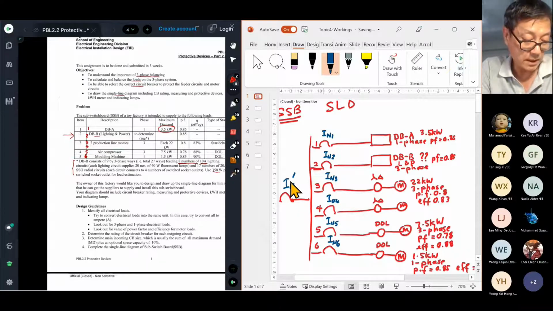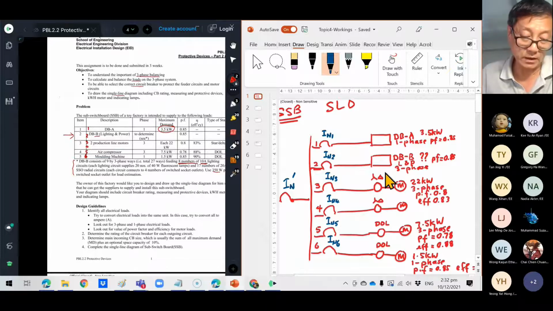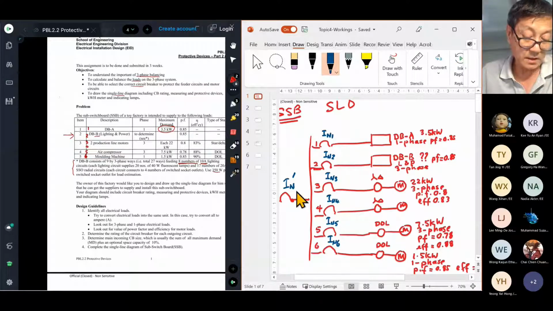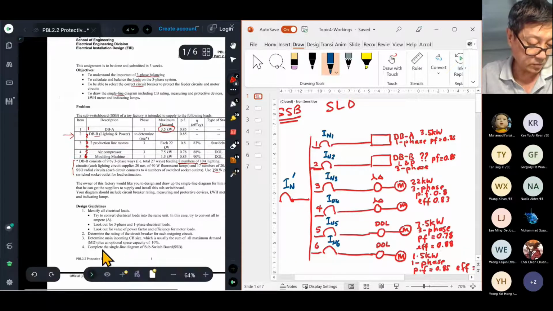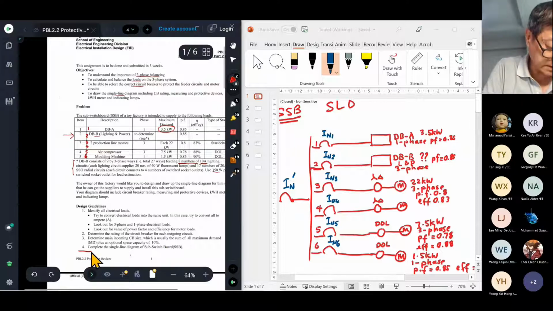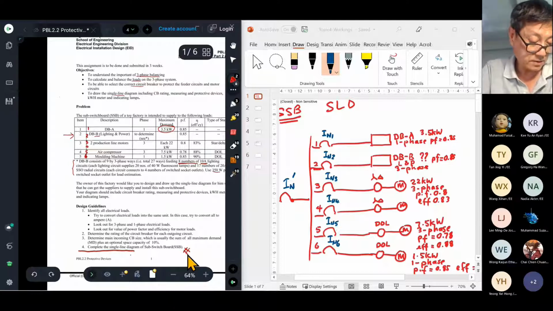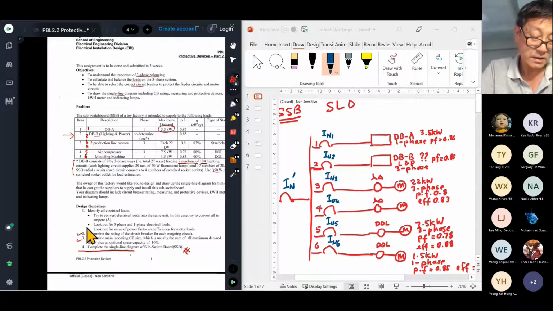That is the whole objective of the calculation part for this PBL 2.2. Once I have finished the calculation, then I can do this number 4 here. Otherwise, I cannot complete my single line diagram. So I must finish all my calculation first.